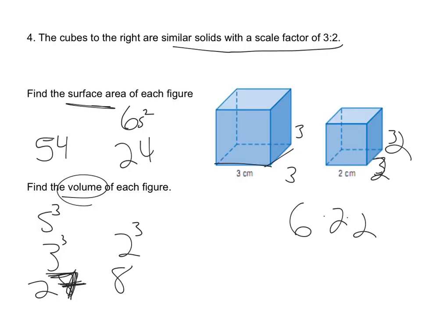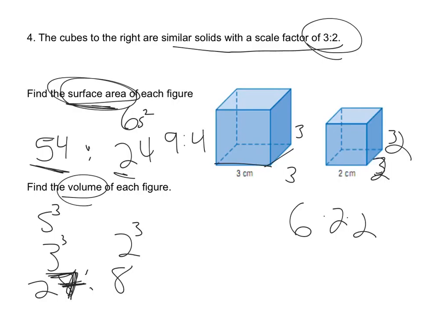I did that for a purpose, because I want you to start comparing those two. The original scale factor is 3 to 2. For surface area, if I simplify 54 over 24, I get 9 to 4. For volume, 27 to 8, I can't simplify.